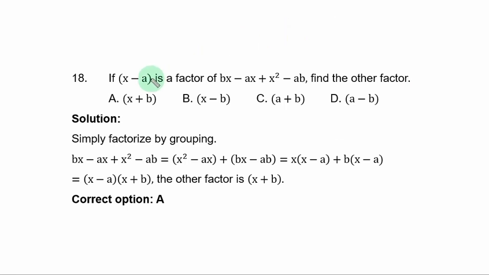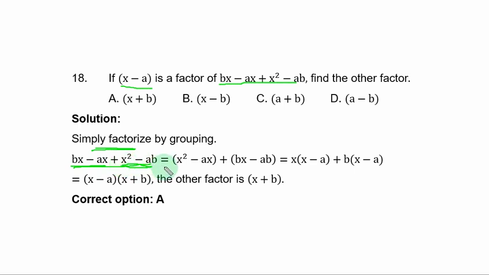Question 18. If S minus A is a factor of BS minus AS plus S squared minus AB, find the other factor. You simply factorize the given expression by grouping. We can take these two terms as one group because they have S in common. Now you must be very careful here. You can as well take these two terms, but looking at the last two, there's no common term.